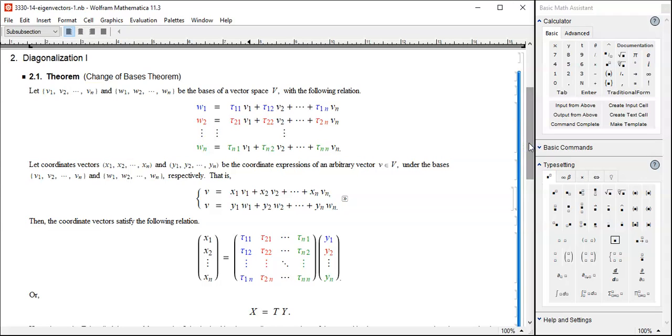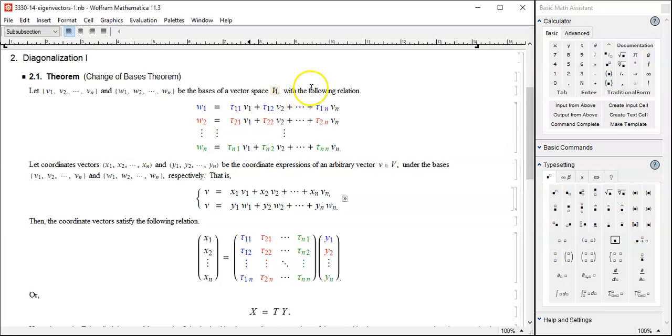This is something we did at the end of module 5, change of basis theorem, but let's revisit this issue. Let's begin with a vector space V, and let's consider two bases, V1, V2, V3, all the way over to Vn, which will typically be the standard basis vectors, and W1, W2, W3, all the way over to Wn, which will be the eigenvectors, bases given by eigenvectors.